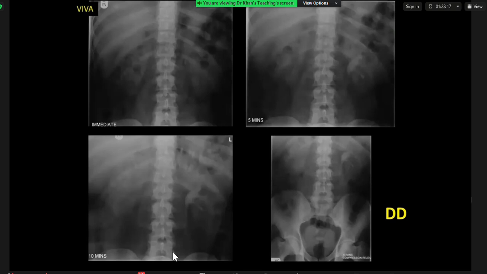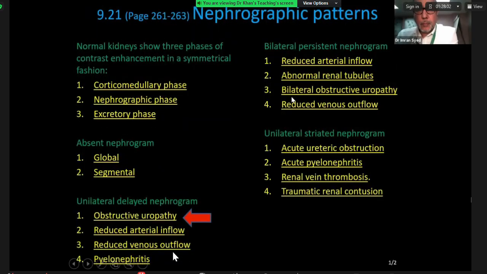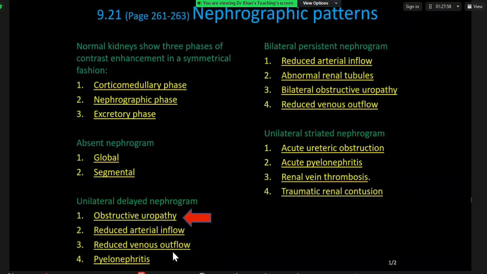Yes. So what would you do next then? I would probably ultrasound the patient. Okay, what else could you do? I don't think there's any value in doing an extra delayed image.